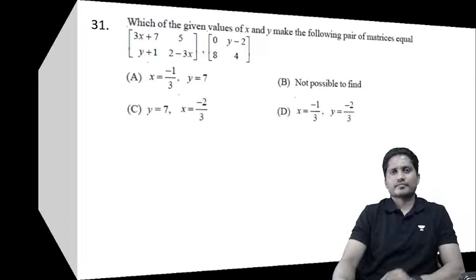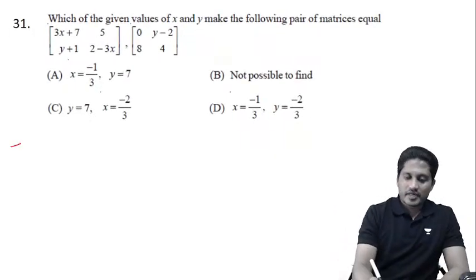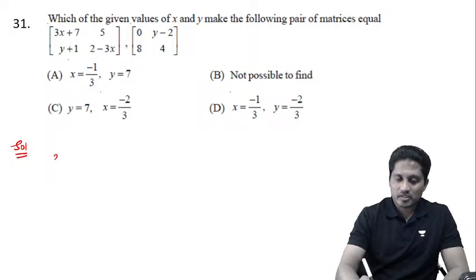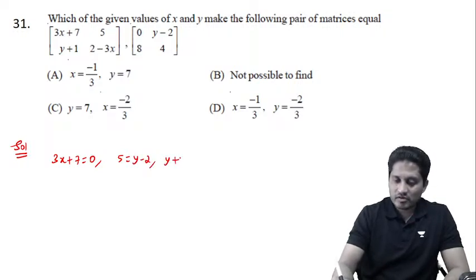Let's move to the next question, question number 31. If I equate by equality of matrices, you get 3x plus 7 is equal to 0, right? And if I equate 5 is equal to y minus 2, and then y plus 1 is equal to 8, and 2 minus 3x is equal to 4.